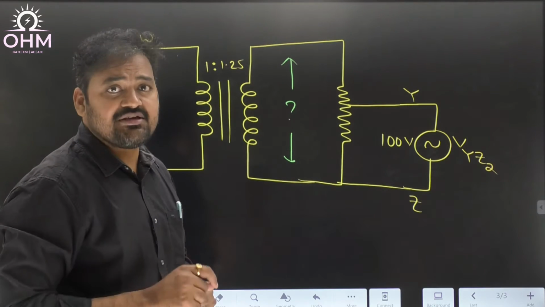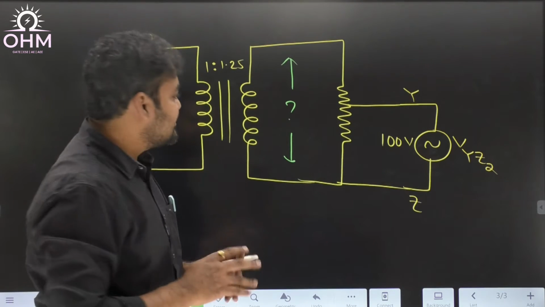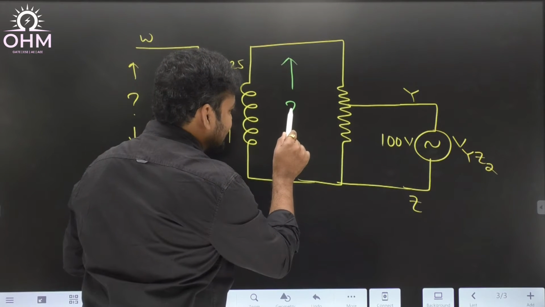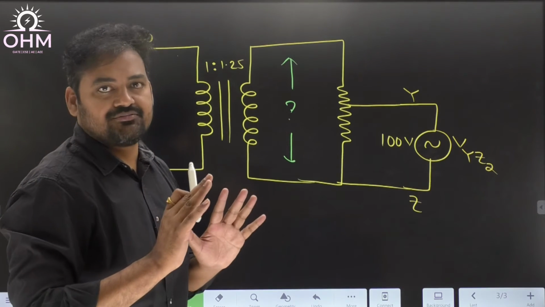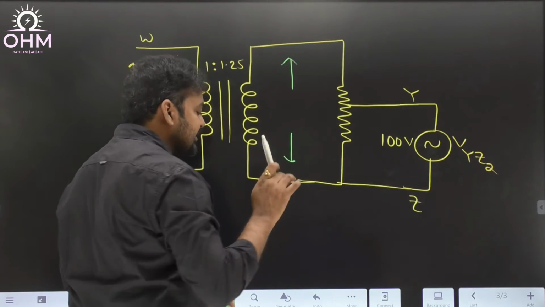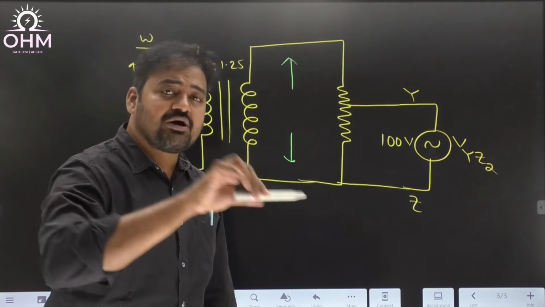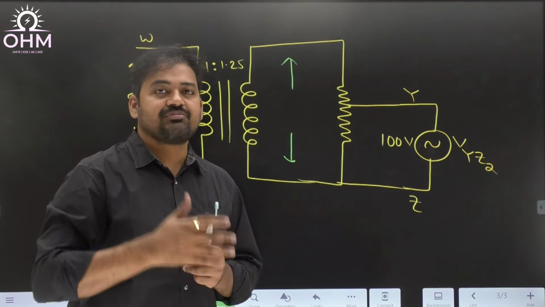See, the common mistake is, as the attenuator ratio is 0.8, most of the students will believe that, sir, this voltage will become 100 divided by 0.8. That is absolutely wrong. Why? Because remember, a resistance is a material which can only step down the voltage; it can never step up the voltage.